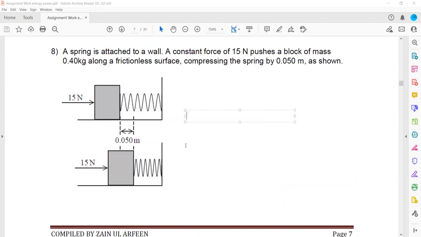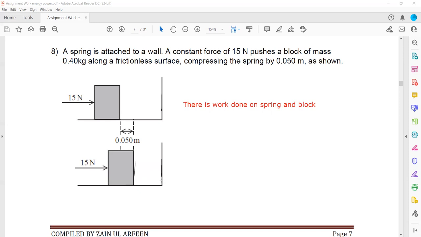Number one, when the student tries to push the block, it's not only pushing the block, there is work done on the spring and the block, not only on the block. That is one reason why the student's statement is not correct, because if there was no spring, and the student said that I did work done of 15 into 0.05, then he is right.